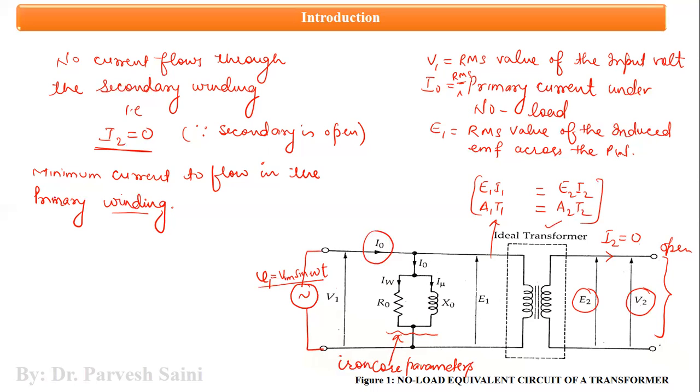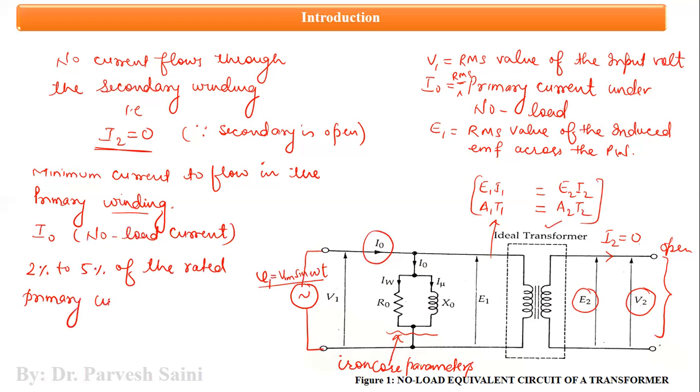This current which flows in the primary winding when no load is connected across the secondary is denoted by I naught, and we call this current the no load current, and this current is generally 2% to 5% of the rated primary current. Now, what is rated primary current?